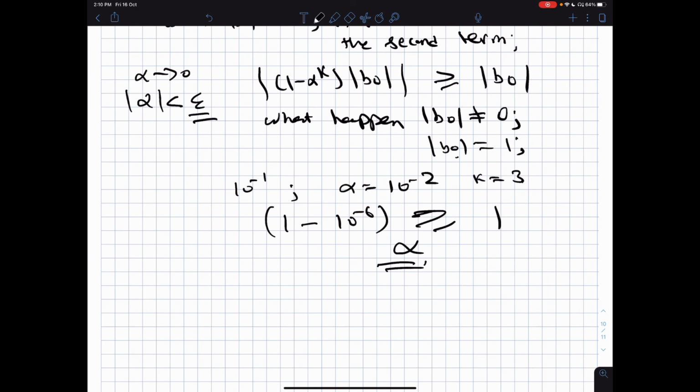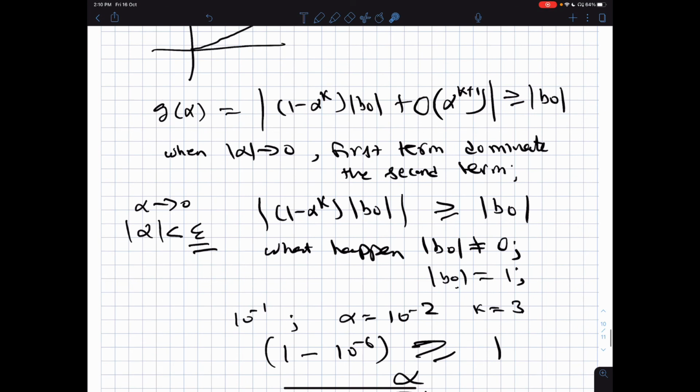But is that possible? No, this is incorrect. So what does that mean? That means that mod of b naught being greater than 0 is not feasible with this inequality, because if I take alpha very small, the higher order terms' contribution will become negligible, and the inequality will be defined only by the first term.